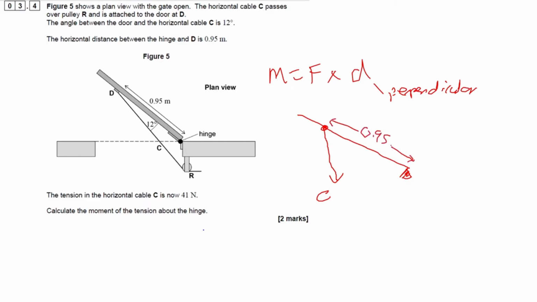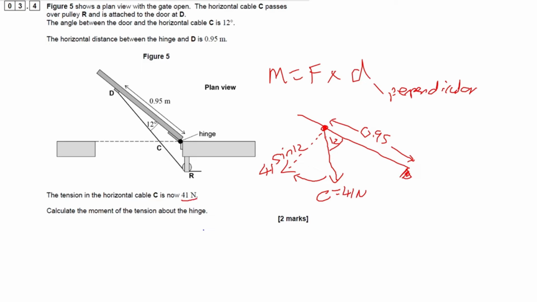Now at the moment, if you look, this distance and this force is not 90 degrees, it's 12 degrees. So we need to resolve this so it points 90 degrees in this direction. So again, the way to resolve that, look, we're having to move this force in this direction, which is stretching the angle 12. And it becomes that this force here is 41 sine 12. We know that this value is 41 newtons, it says it here.